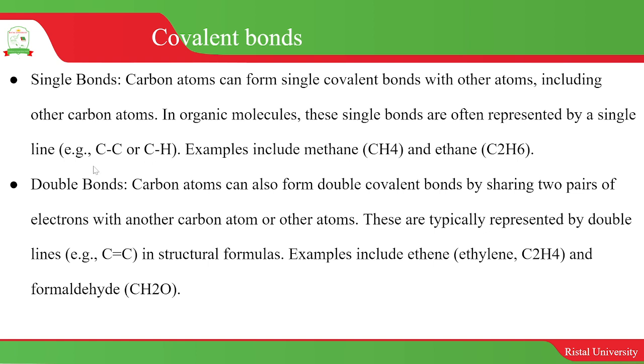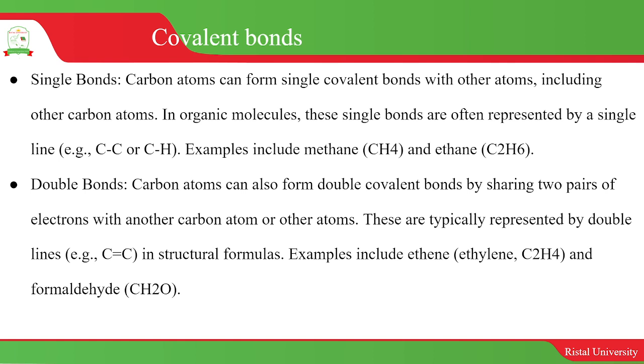So you can have one carbon atom, for example, in methane, covalently bonded to 4 hydrogen atoms. That is why you have CH4, that is methane. And then ethane, you have 2 carbon atoms connected to 6 hydrogen atoms. Okay, but the connection between carbon to carbon is a single bond, and then the connections between carbon and hydrogen are also single bonds.